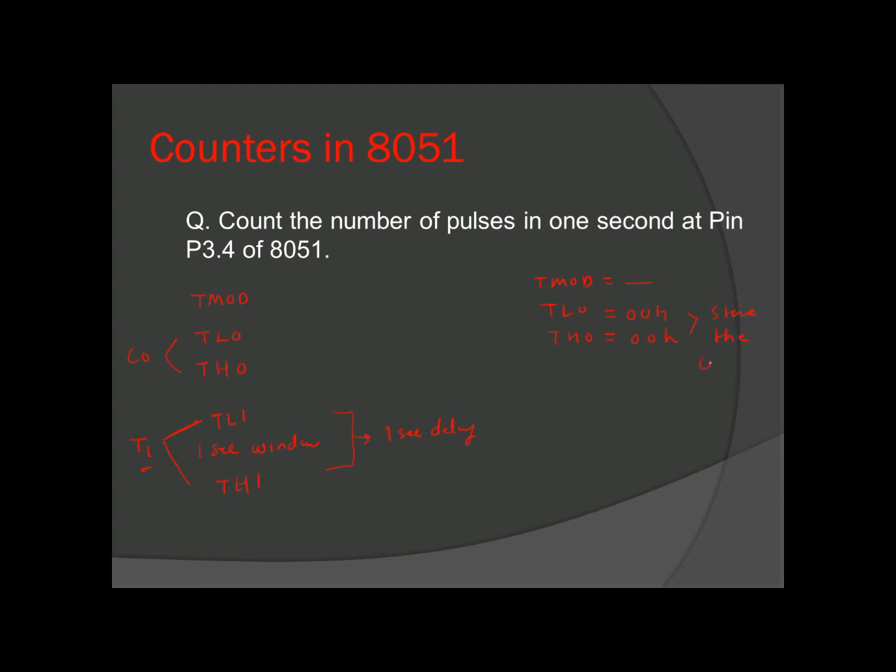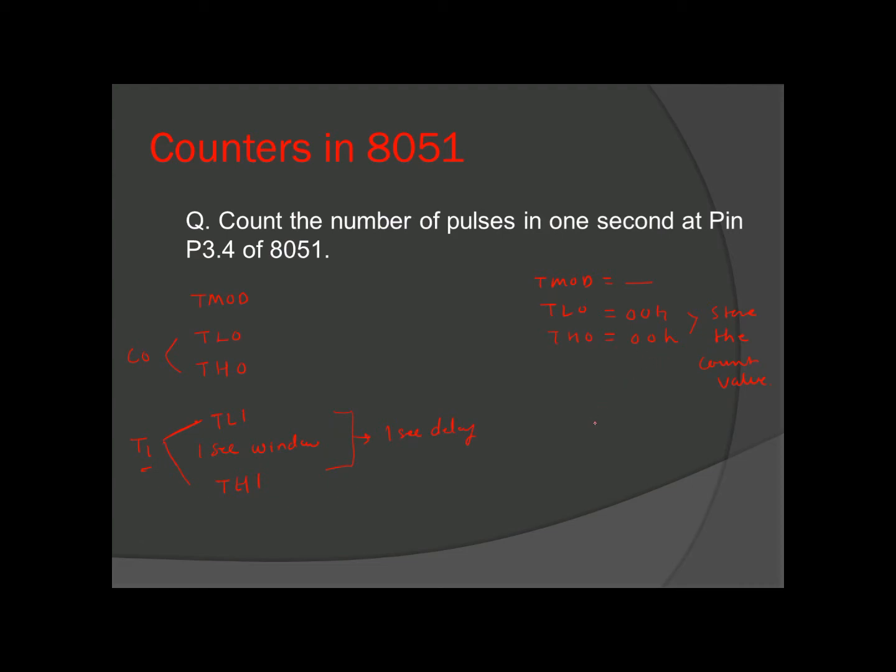as we are going to store the count value into TL0 and TH0. That means when we start counting the number of pulses, the value inside TL0 and TH0 will be incremented by 1 at every pulse.